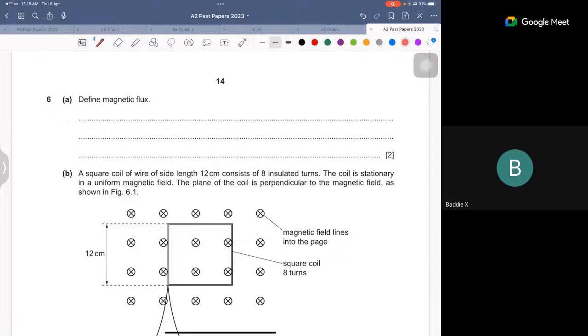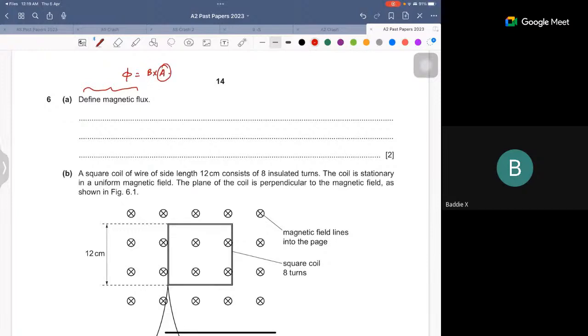We're going to define what is magnetic flux. If you ever get stuck in any definition, the best way to define anything is that you remember the formula. Magnetic flux was magnetic field strength times area, where this area was perpendicular.